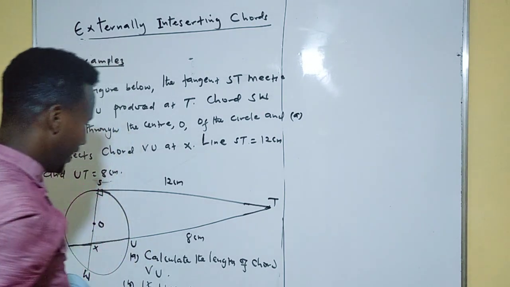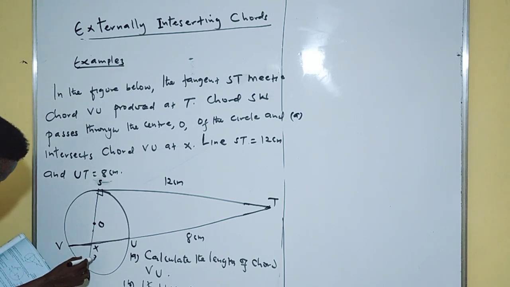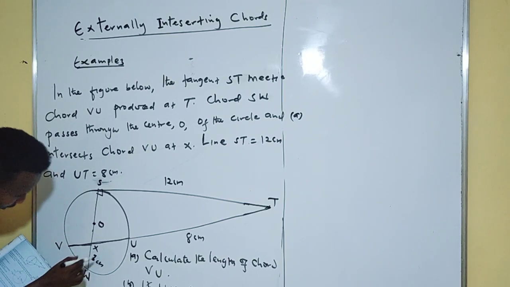Okay, let's go. Calculate the length of chord VU. But remember, you have other information. You are told WX is 3 centimeter, but it will not help me right now.